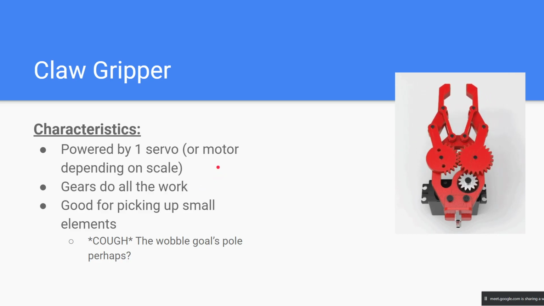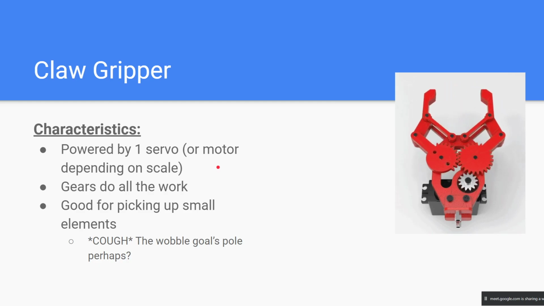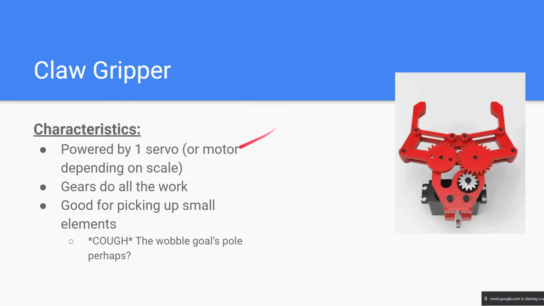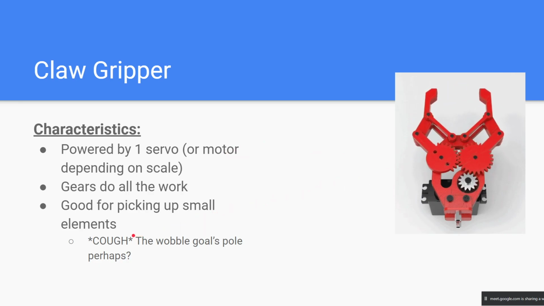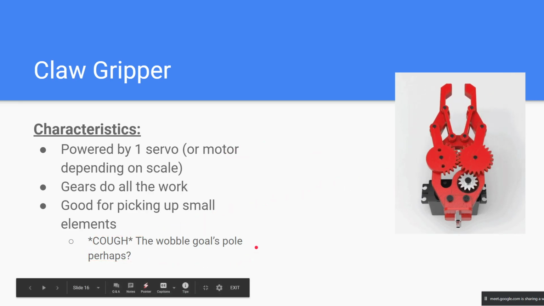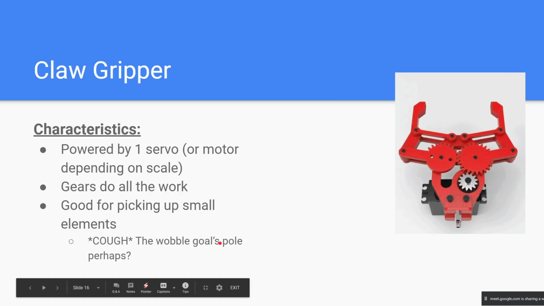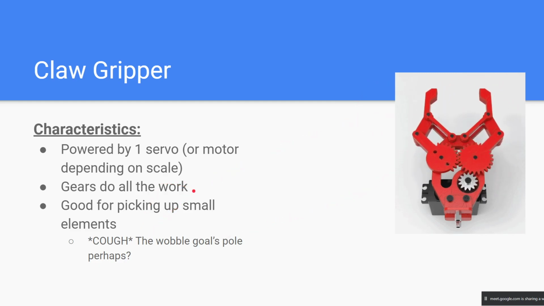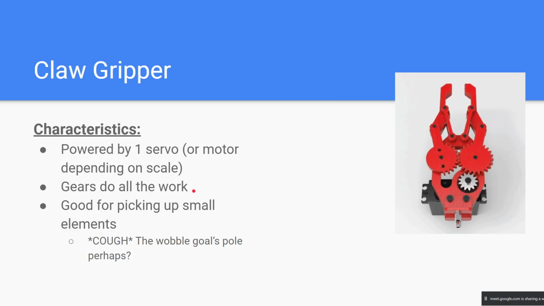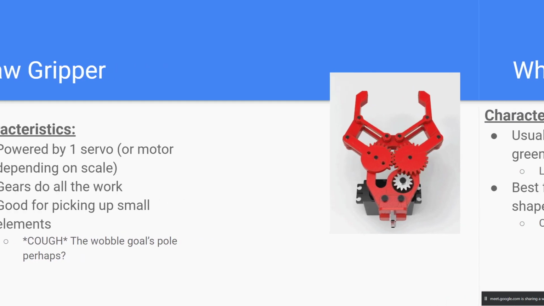You could probably scale it up to be really big to pick up a larger object, but it's still the same idea. I think it would be interesting to see one used to pick up a wobble goal this year, because there's a pole on it, and this would be perfect to grab with it. Just a little tip, little inspiration. So that's it. Simple.